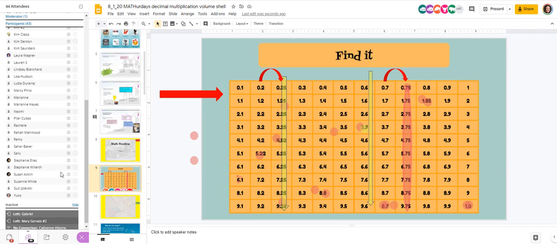I thought the same thing, and then I realized it would be interesting to have a conversation about 5/10 being the same as 50 hundredths. The pattern goes by tenths, and then that third number goes to the hundredths place.